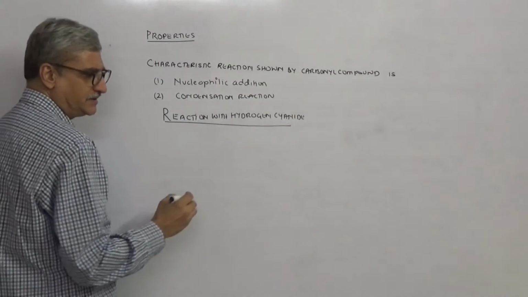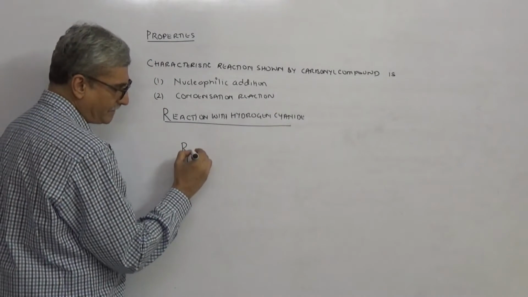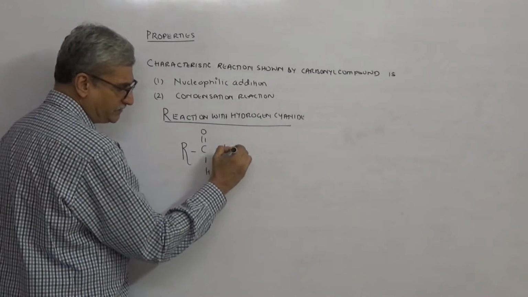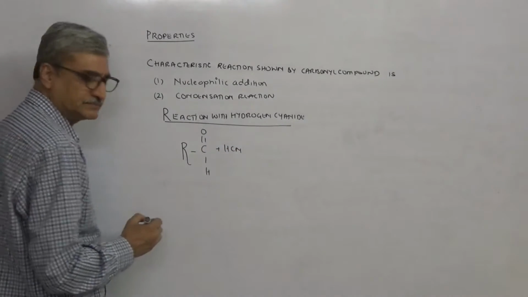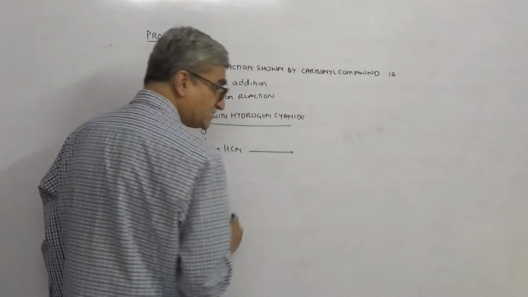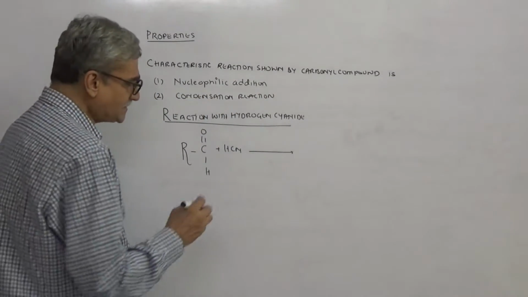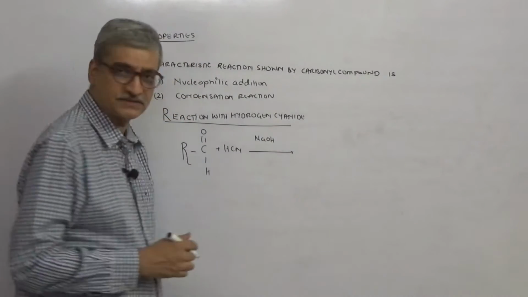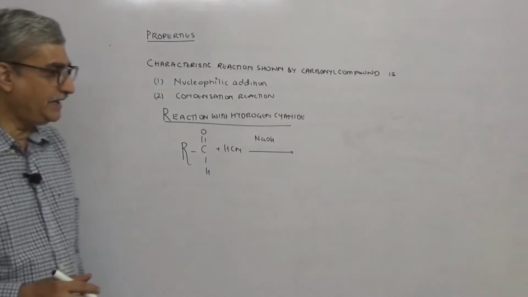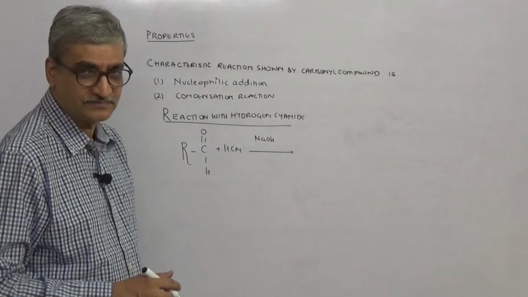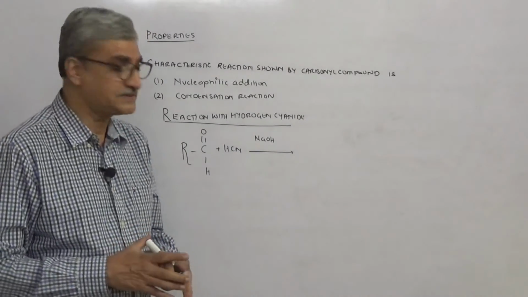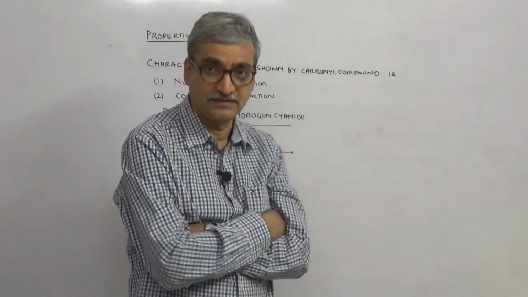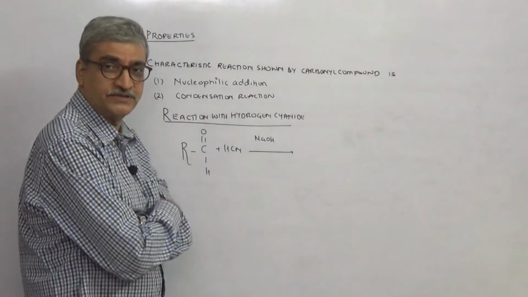You have an aldehyde R C double bond O plus HCN, nucleophilic addition. Now remember one thing, a small amount of NaOH is added. That's the other question they ask. Why? Because hydrogen cyanide is a weak acid. So in the reaction of hydrogen cyanide with an aldehyde or ketone, a small amount of NaOH is added. That is the MCQ that we are talking about.